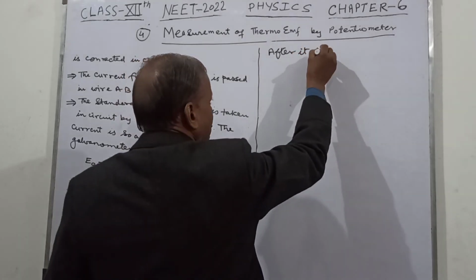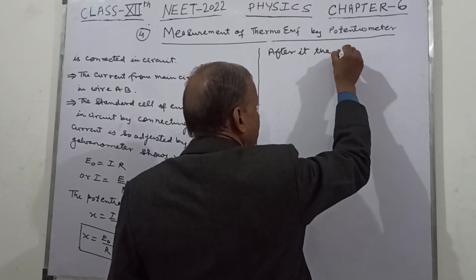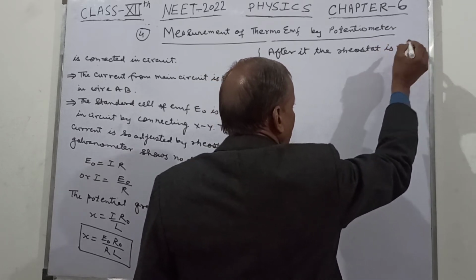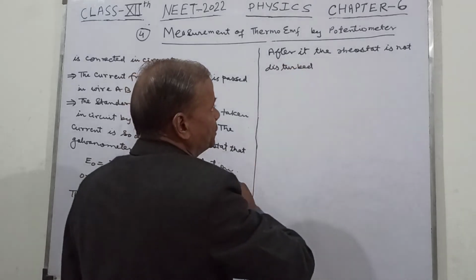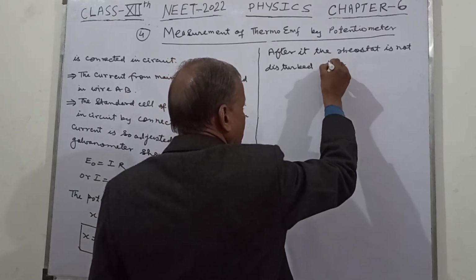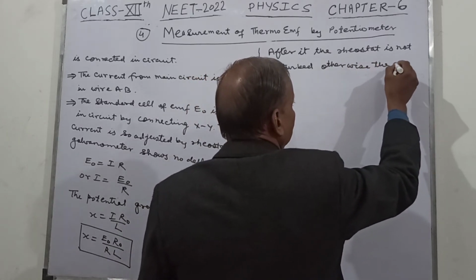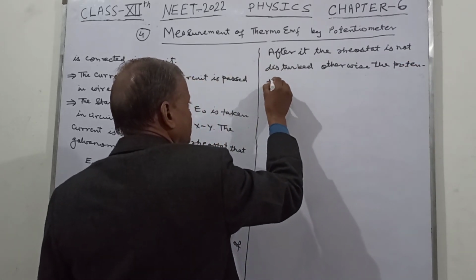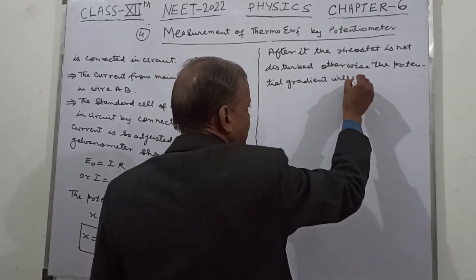After this, the rheostat is not disturbed. Otherwise, the potential gradient will change.